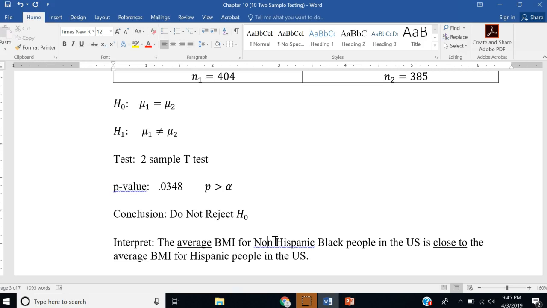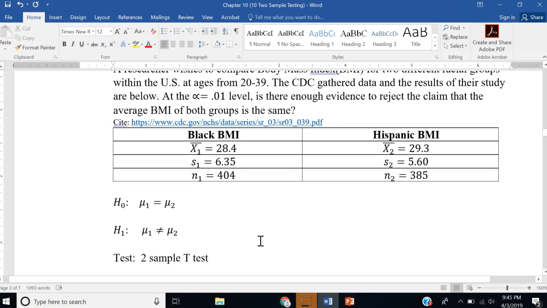So we're trying to once again demonstrate the stuff we talked about in chapter 1. You can look at differences between groups of people and not be offensive to any of those people. All right, so there you go.